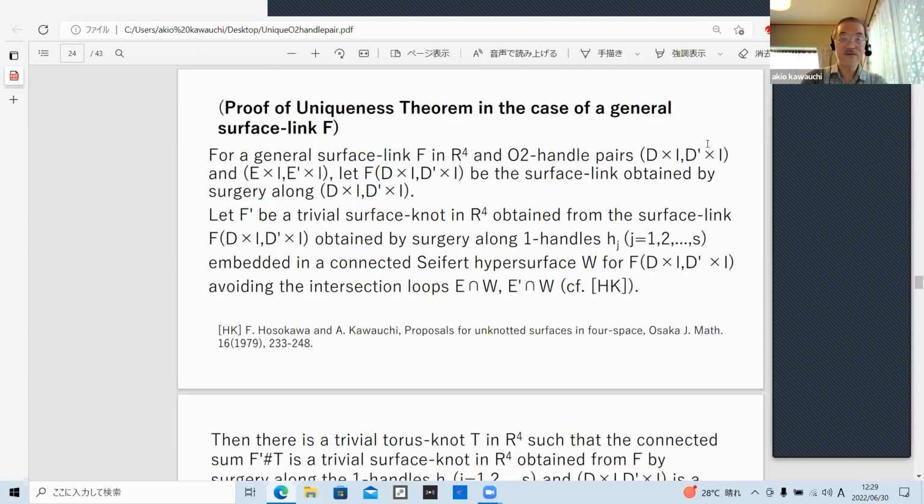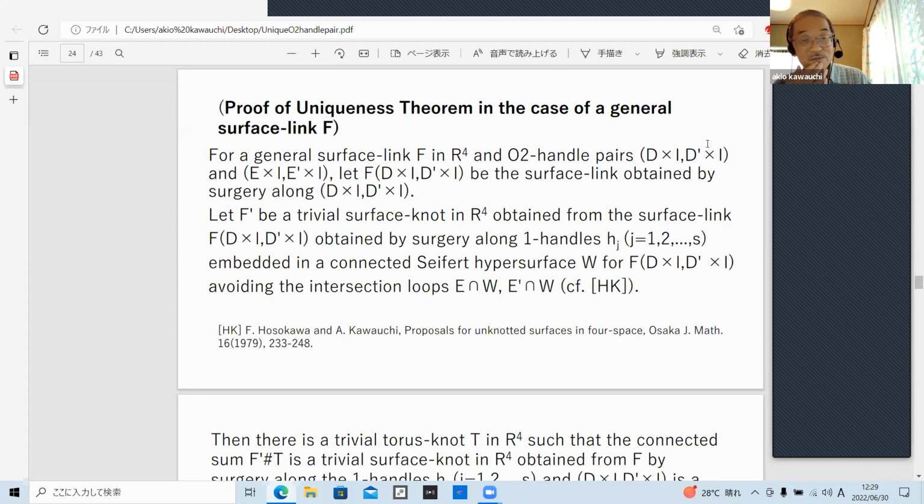So now the general surface link case. In this case, it's some technique. For a general surface link, with D cross I, D dash cross I, first some surgery. So consider the surface link F with D cross I, D dash cross I. There is a connected Seifert hypersurface bounded by the surface link.